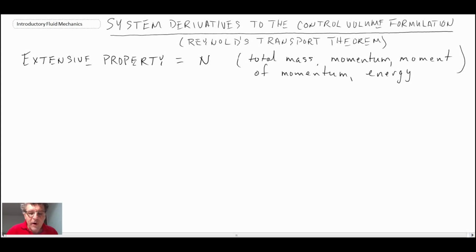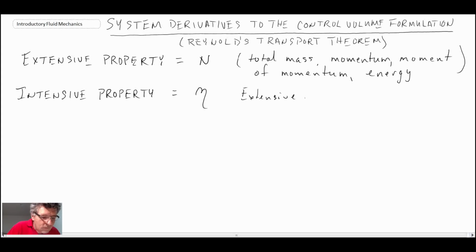So the extensive properties that we're going to be dealing with, I mentioned, are mass, momentum, moment of momentum, and energy. And we can also define an intensive property, which is what we will put into our equations. The intensive property is just the extensive property per unit mass.